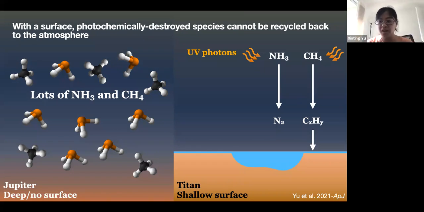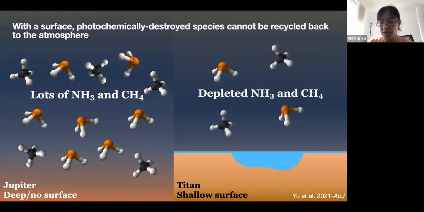That's why we see vast linear dunes made of organics on Titan's surface. If you're interested in dunes, I have a whole PhD thesis on that. They're pretty interesting. But in the end, this process just keeps going, and because it's irreversible, nothing gets to replenish the ammonia and the methane. So we expect depleted ammonia and methane in Titan's atmosphere.